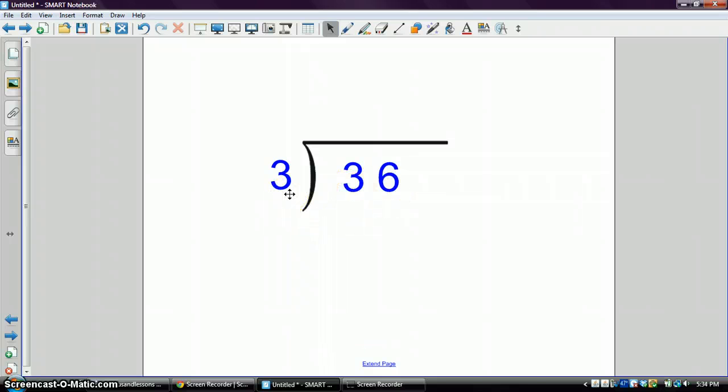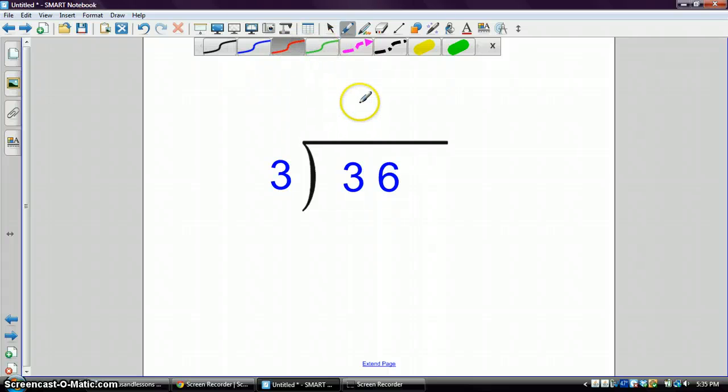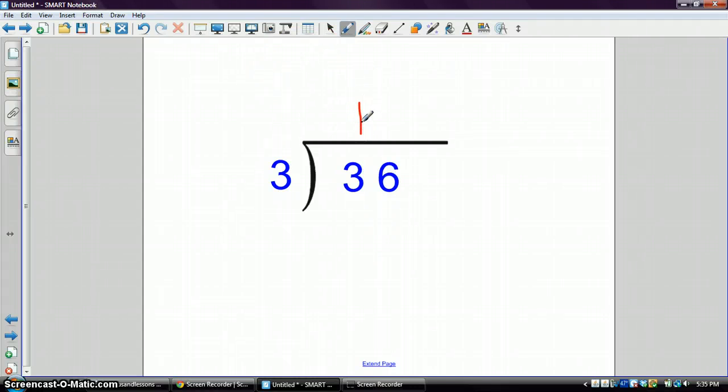So you could have your lesson set up asking kids how many times does 3 go into 3? And most of the kids are going to be able to tell you that it goes in there 1 time. And 1 times 3 equals 3, which we have to check our division.